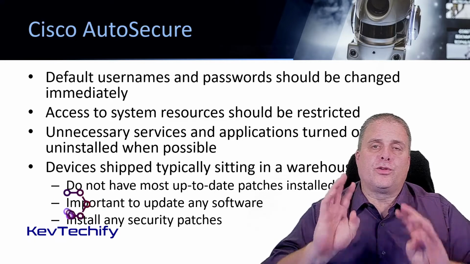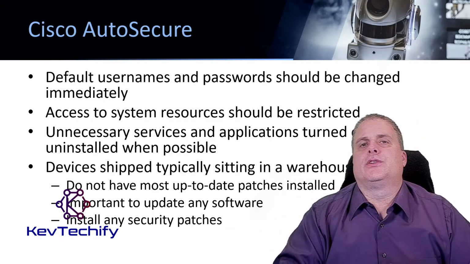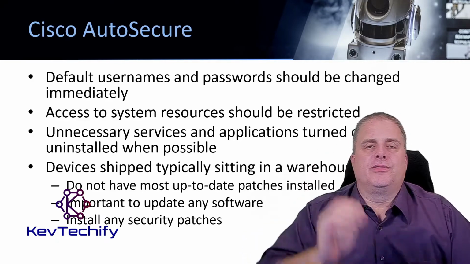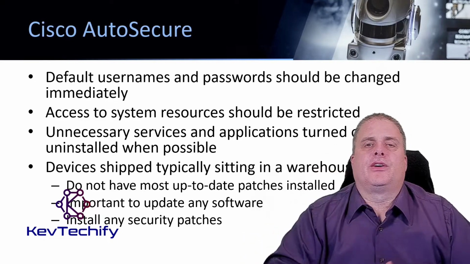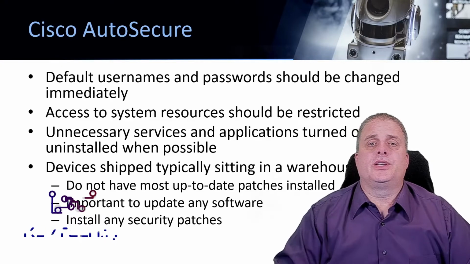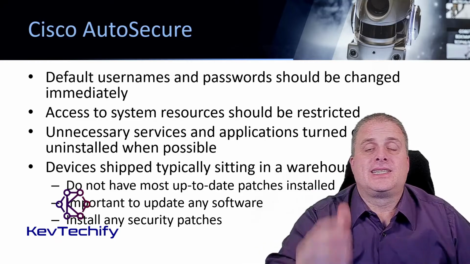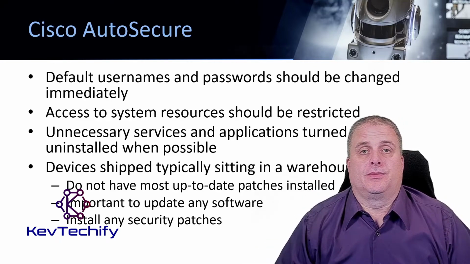Cisco AutoSecure has four main functions. The first function is it disables the IP services that have vulnerabilities or that can be used as vulnerabilities against your system. The second item it does is it enables IP services that will help you stop attacks against your system.